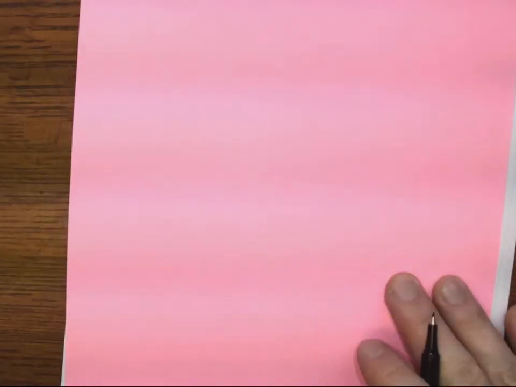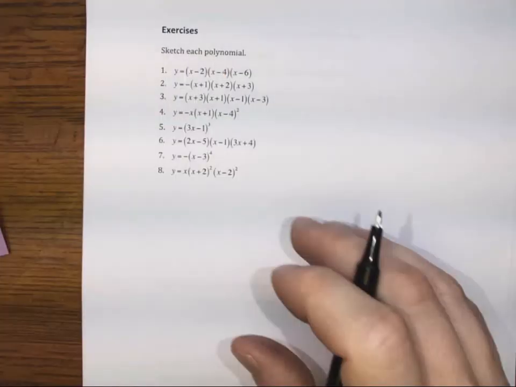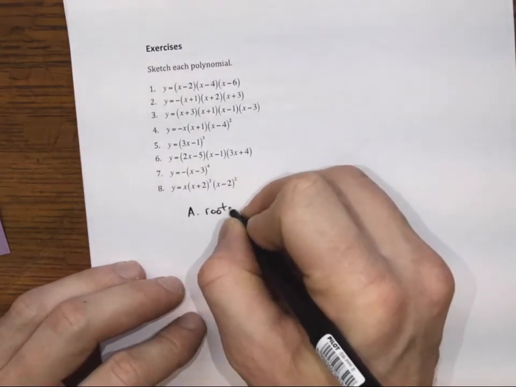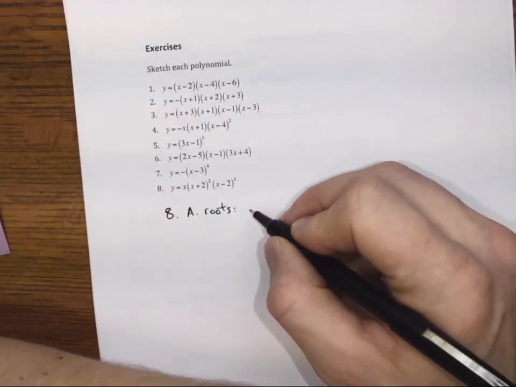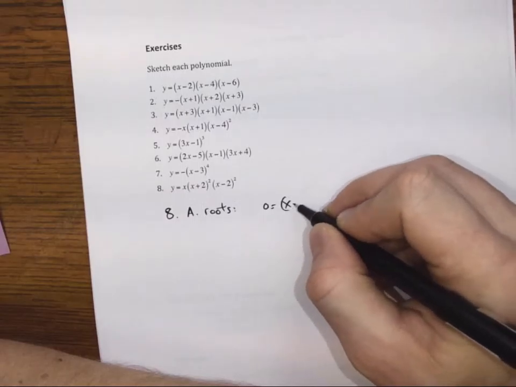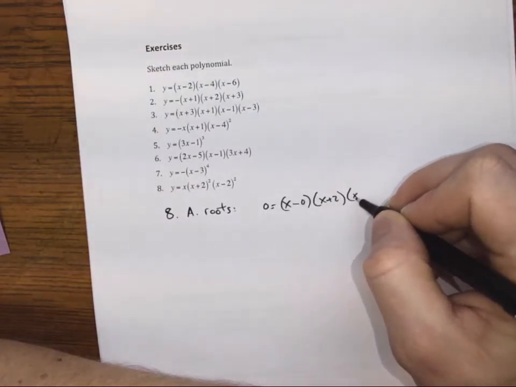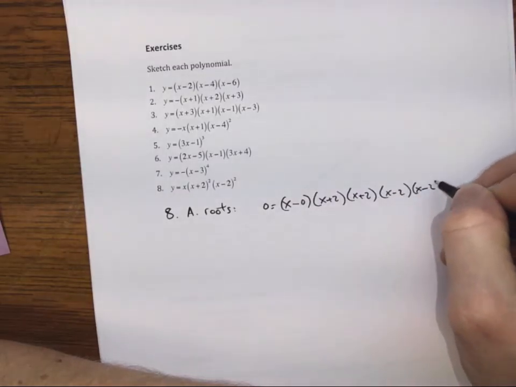All right, our last question, which maybe I'll just write right on here, is this one. So we're going to start by finding the roots. So the roots are, we're going to set 0 equal to x, and that's x minus 0, right? That's what that looks like. And x plus 2, x plus 2, x take away 2, x take away 2.